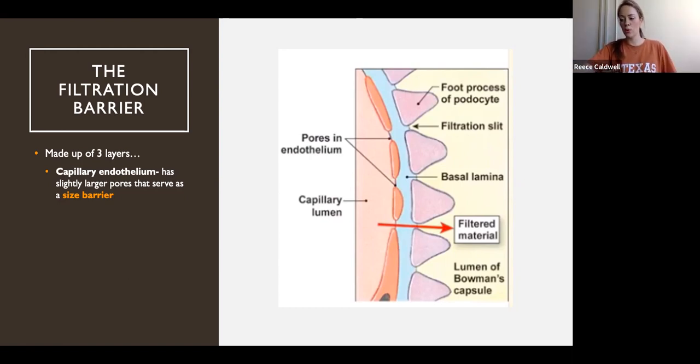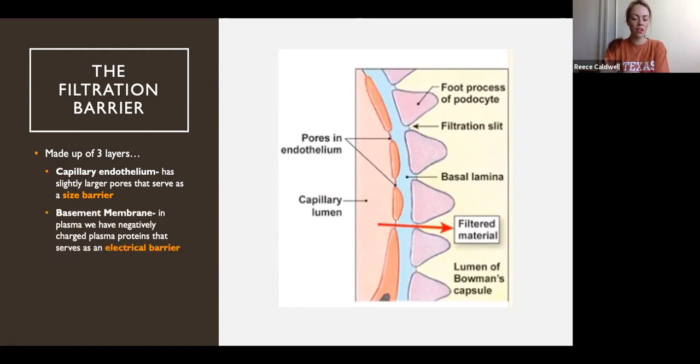However, the pores are a pretty specific size because they're not large enough to let in molecules like blood cells, but they are large enough to let in molecules of sodium, potassium, urea, chloride, things like that. So they work as a size barrier. But again, those pores aren't large enough to let in red blood cells or anything like that.